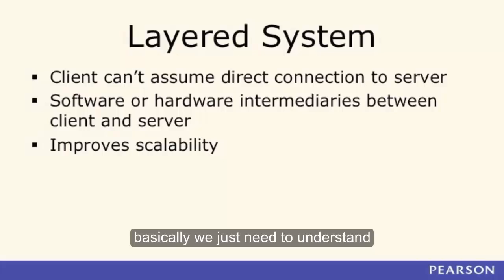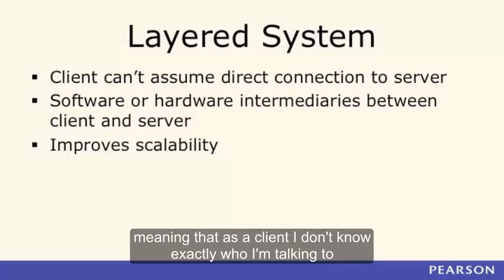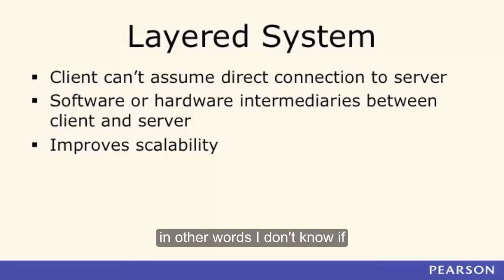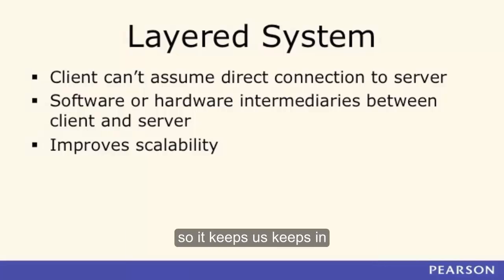Basically, we just need to understand that a RESTful architecture could have multiple layers of software in the mix, meaning that as a client, I don't know exactly who I'm talking to. In other words, I don't know if when I request a resource, I'm getting a cached something or if I'm getting something clear back from the database.